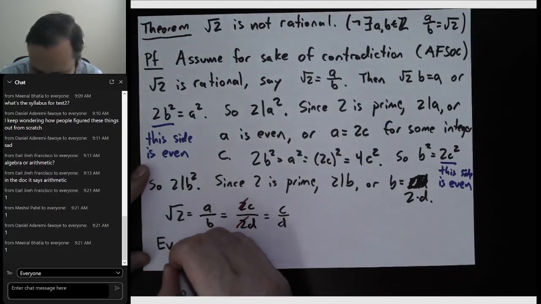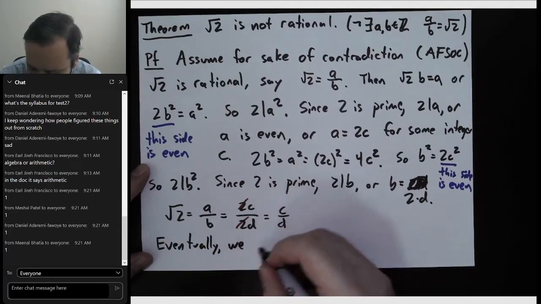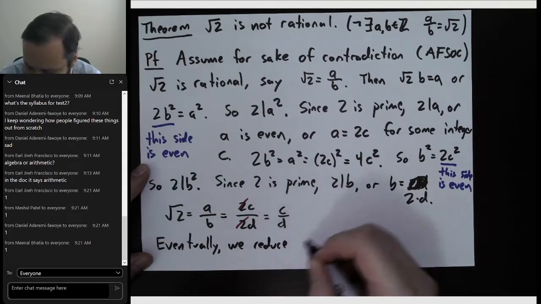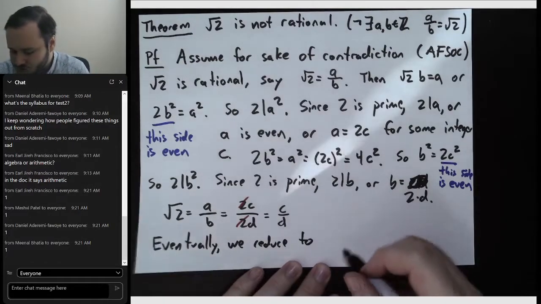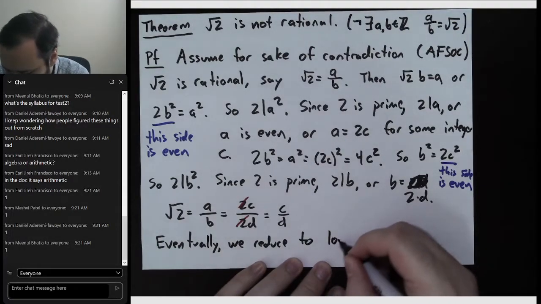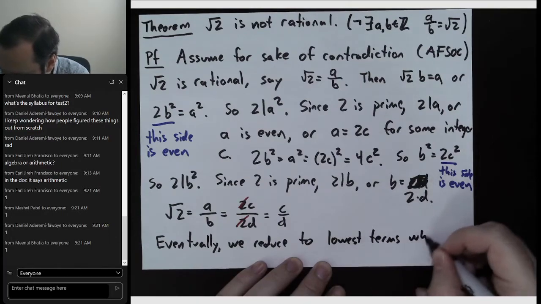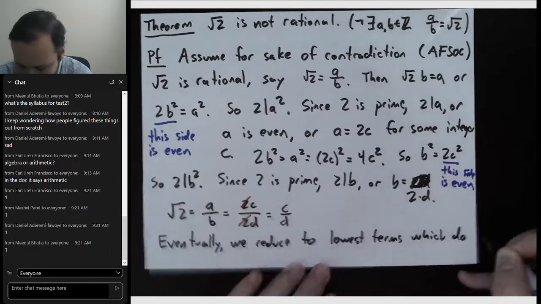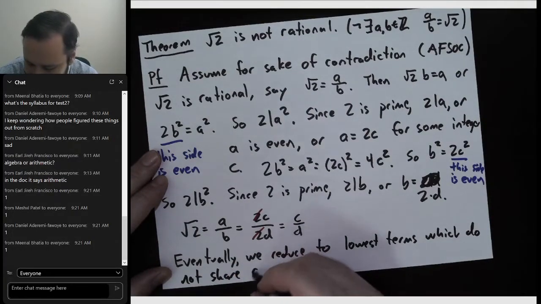So eventually we reduce to lowest terms, which do not share a common factor.